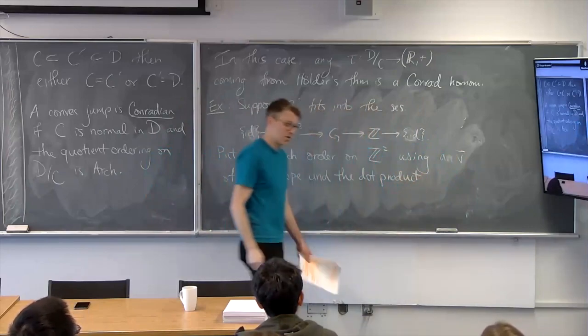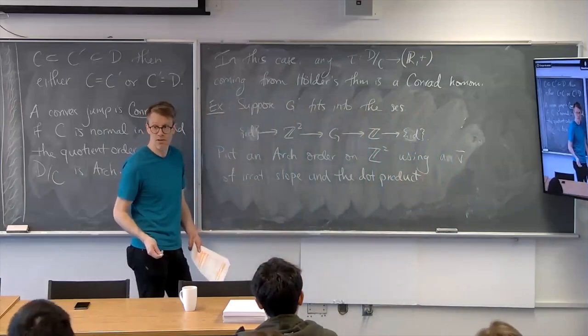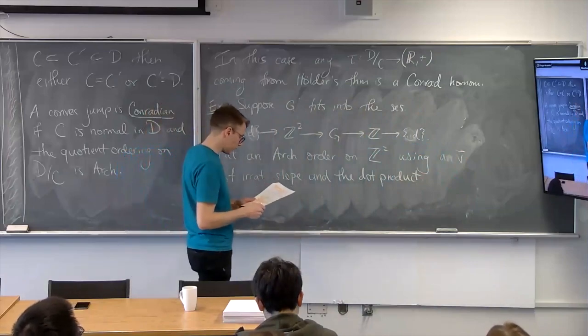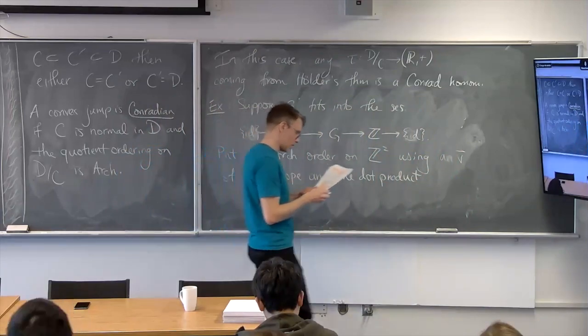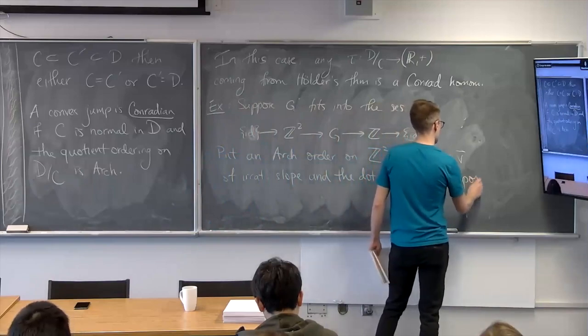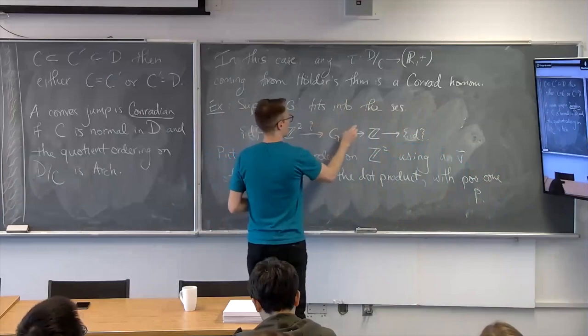So you're basically declaring all things to one side of a line of irrational slope to be positive, and you can check that that's Archimedean. Let's give that a name: the positive cone P, and I'll name these maps I, Q.